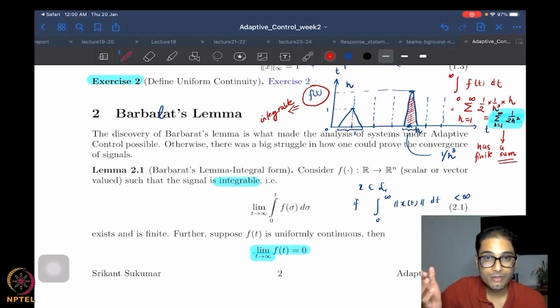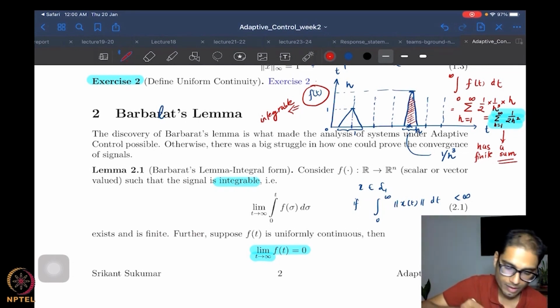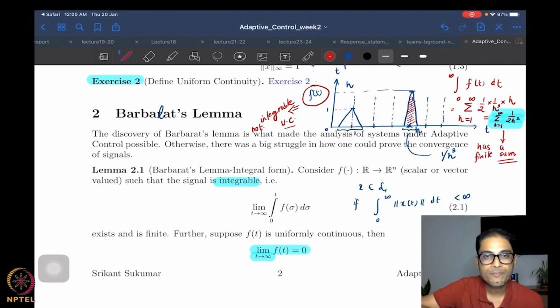And so there is no limit, in fact. Why? Because this function is not uniformly continuous. It's not difficult to verify that it is not uniformly continuous.